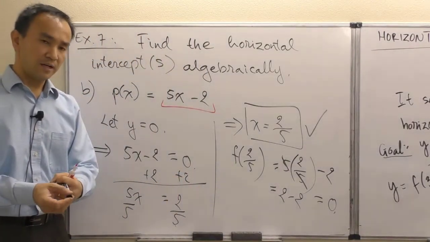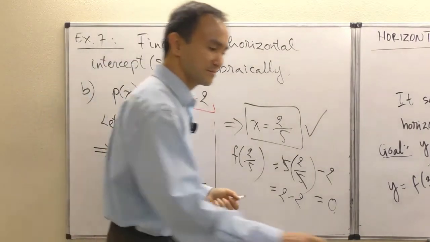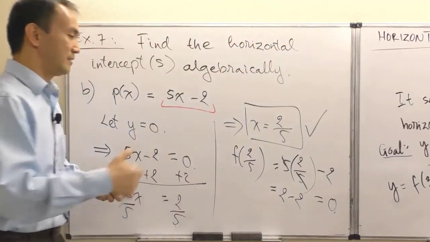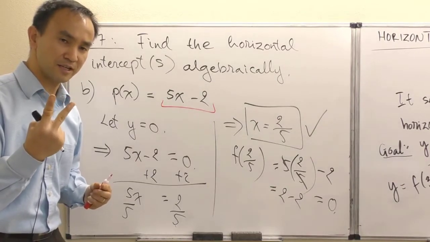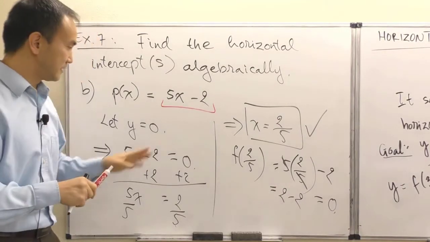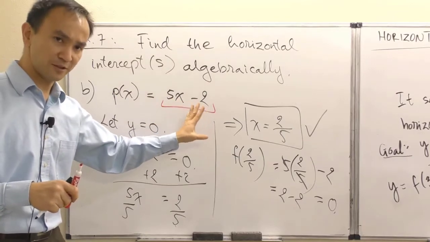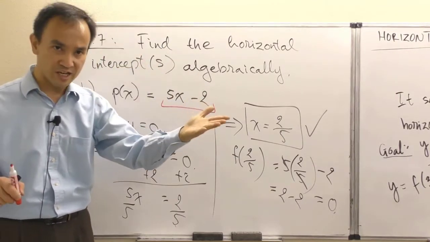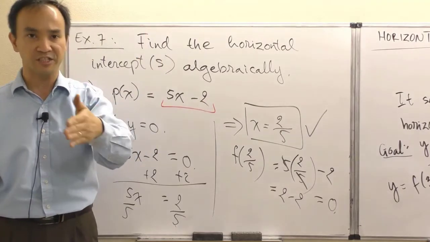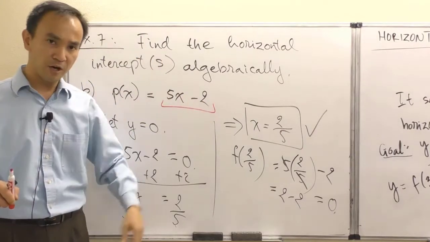Two problems so far. As long as it's linear, it's a polynomial. A linear function well deserves its place in the polynomial family.